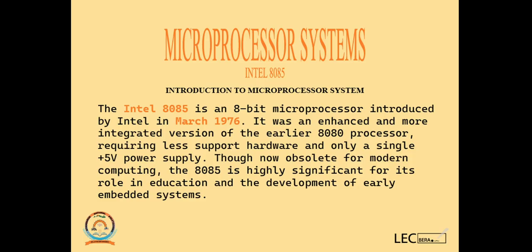So the Intel 8085 is an 8-bit microprocessor which was designed and manufactured by Intel, and it was released to the market by March 1976. That's a long time ago, isn't it? Yes, it's a long time ago. But it influenced, actually, even now how microprocessors are being designed.